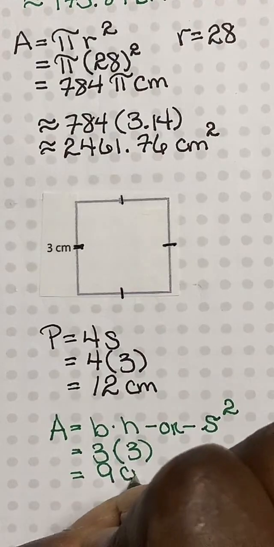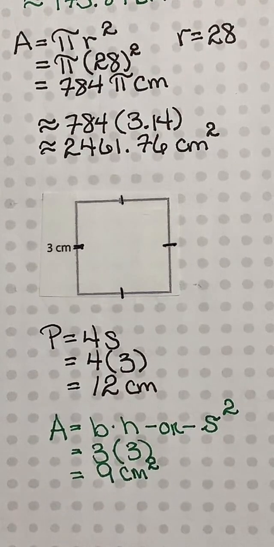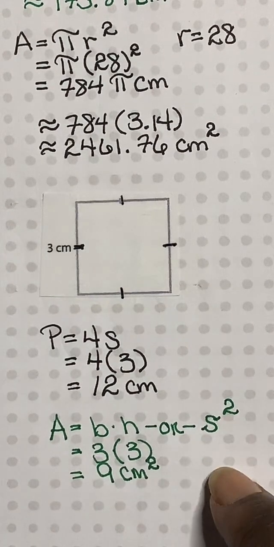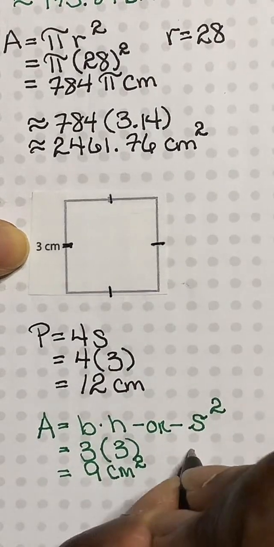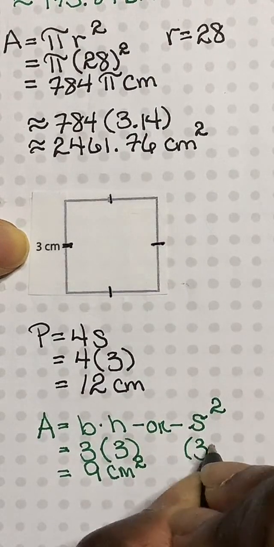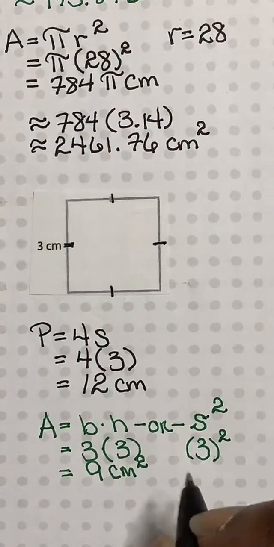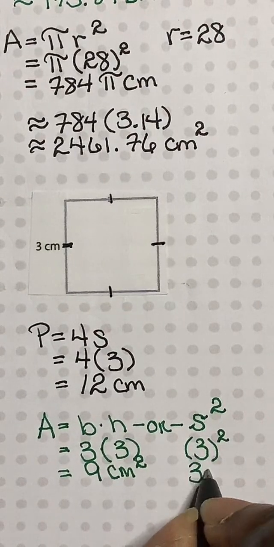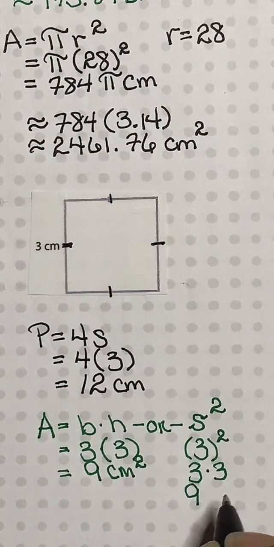Exactly, 9 square centimeters. I was just thinking of cubic for some reason. Now, this whole thing with the side squared, if one side is 3, and if I square that, remember 3 squared is the same as saying 3 times 3. And 3 times 3 gives me 9.